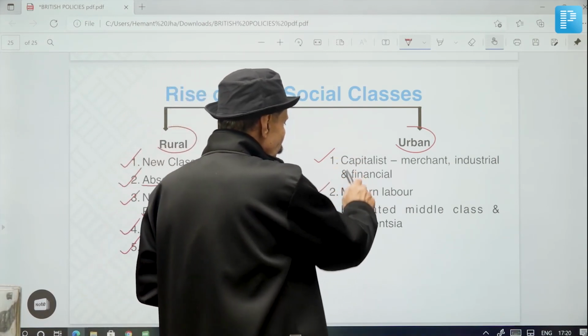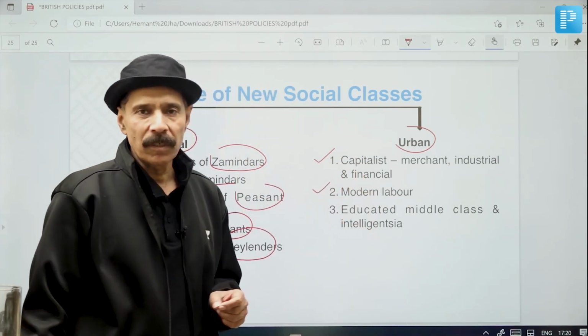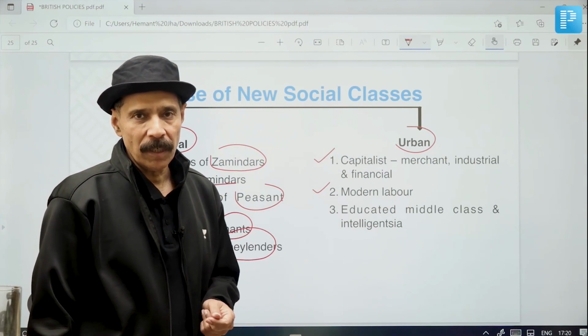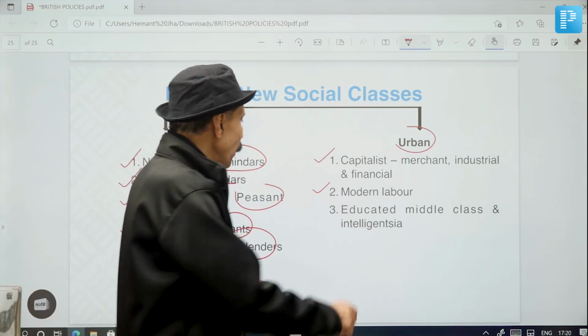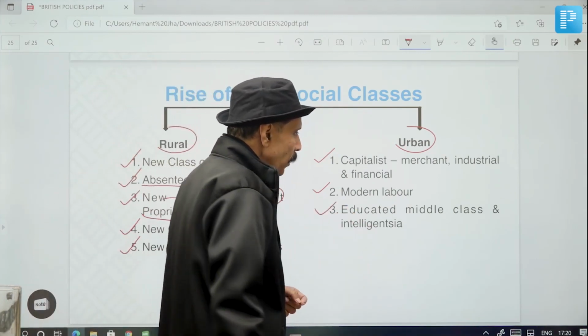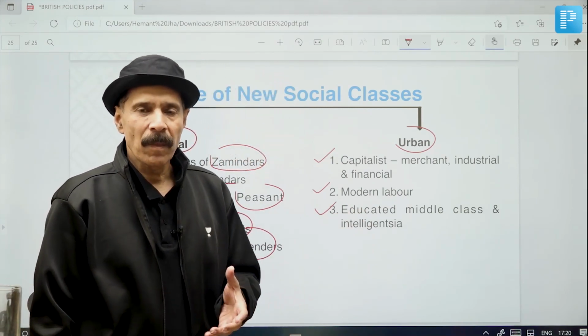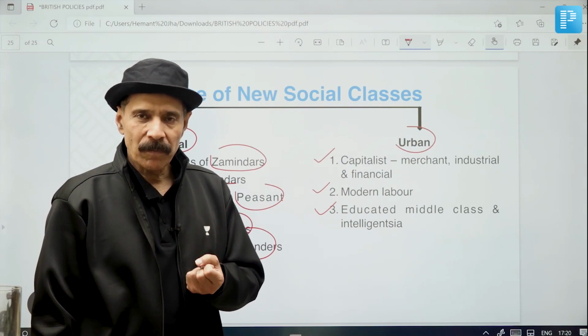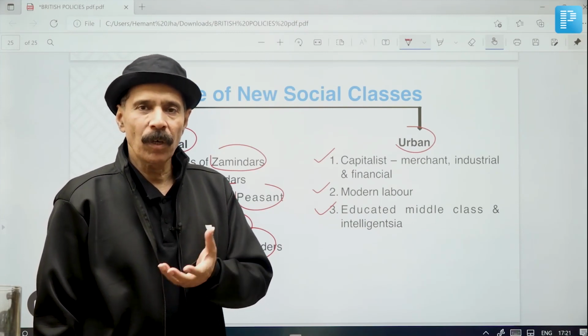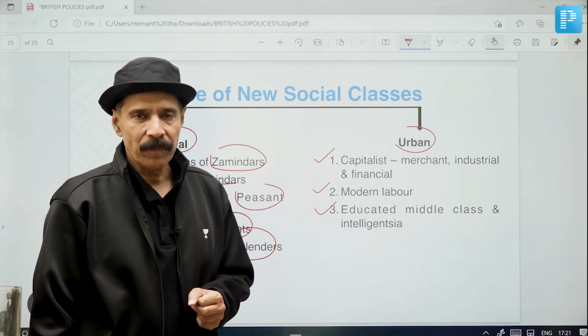Next, rise of modern labor. This was the result of the rise of modern industries, though very limited. And next, rise of educated middle class and intelligentsia. This was the result of new economic system, new education system, and new politico-administrative system also.